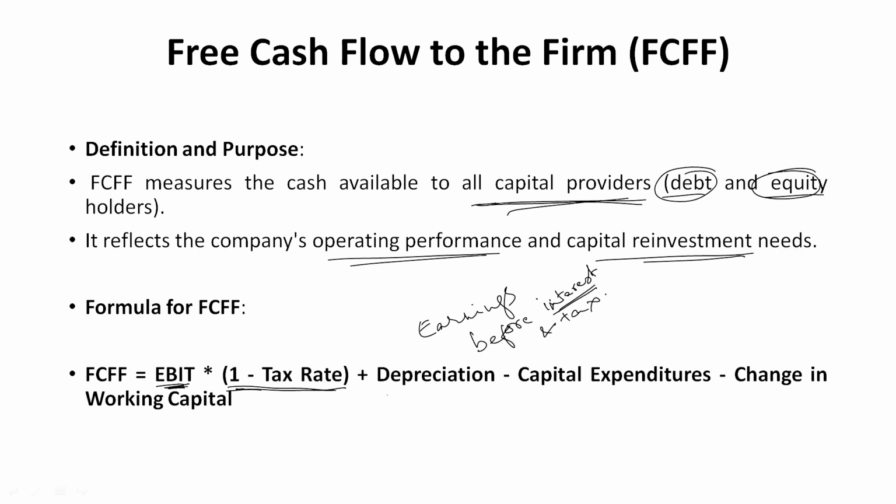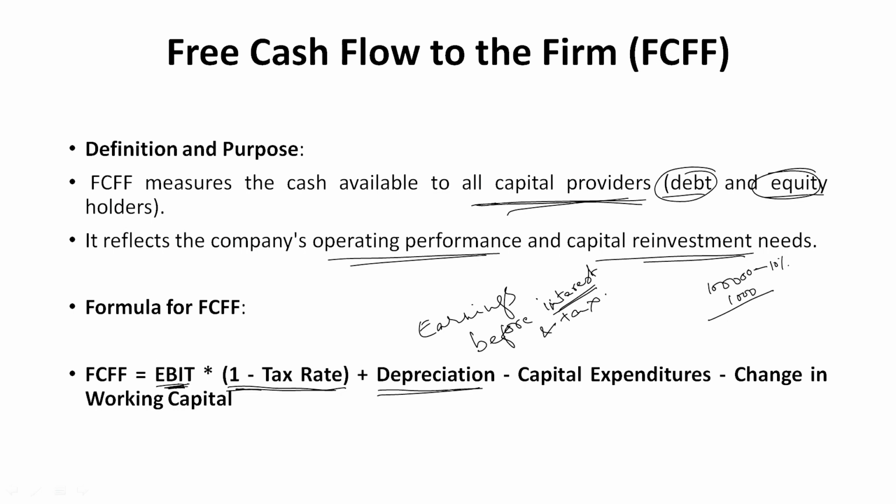Plus, there are other expenses which are shown in the financial statement, but in real terms are not an expense. For example, depreciation. I've purchased an asset at 1 lakh rupees, and I follow a straight line method of depreciation of 10%. So at the end of the first year, the value of the asset becomes 99,000, 1,000 less.